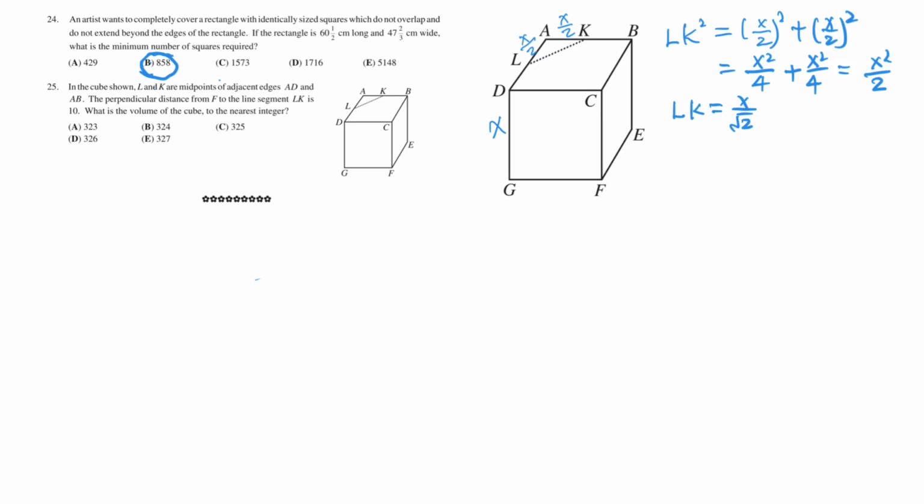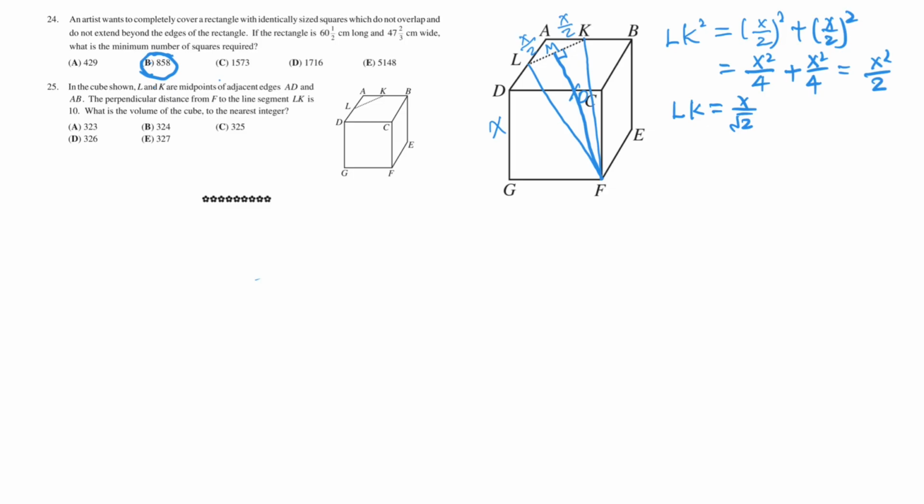Now from F, we draw the perpendicular line to LK. That's the given, that's 10. Draw FL and also draw another line, FK. That means FLK is an isosceles right triangle. In an isosceles triangle, from the vertex to the base, the height is also the median and the angle bisector.